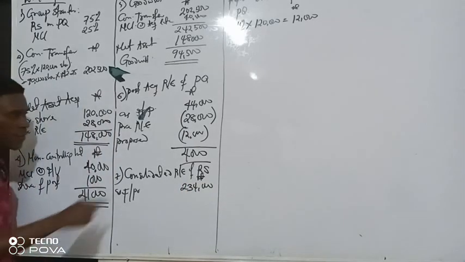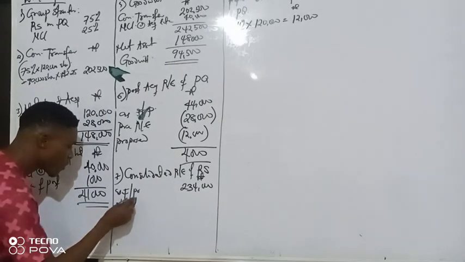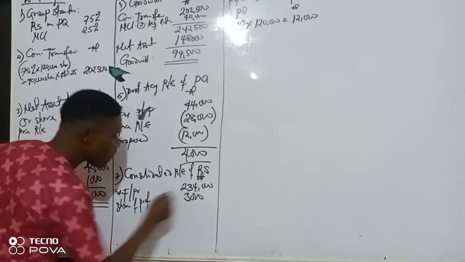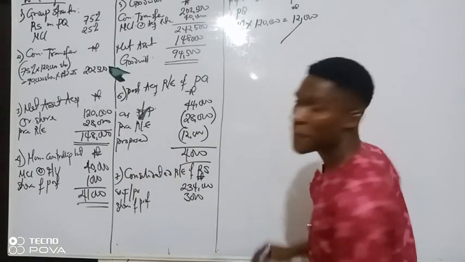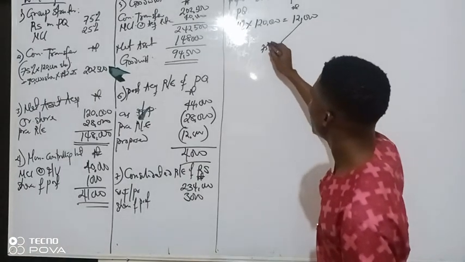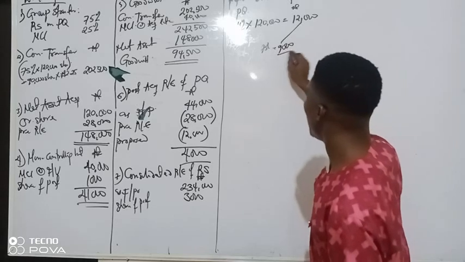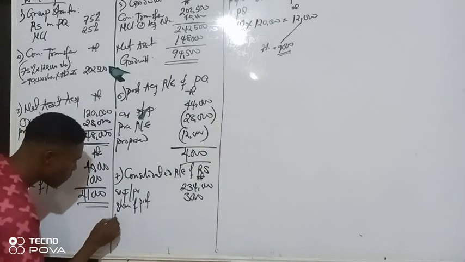Before you do any wahala, give the subsidiary its own share first. Share or post? 3,000. Then out of this dividend, give the parent its share, 75% of that figure. How much is that? 9,000.